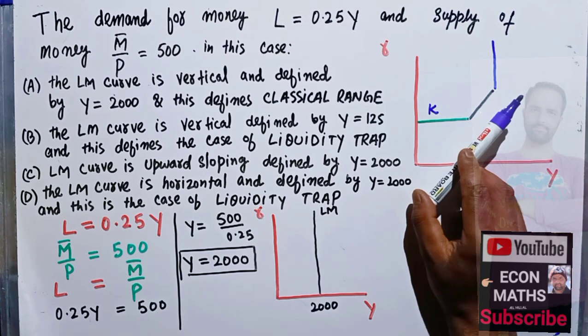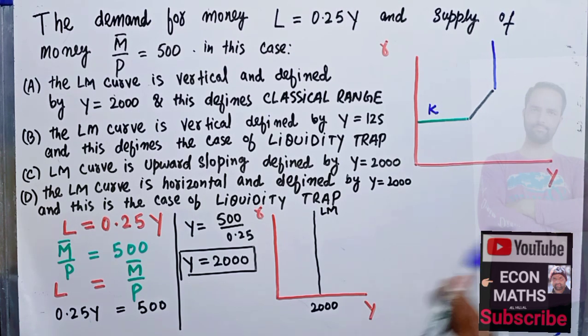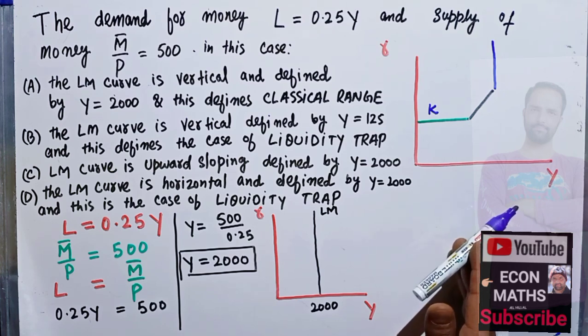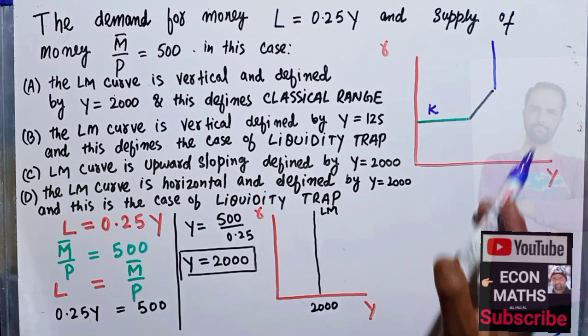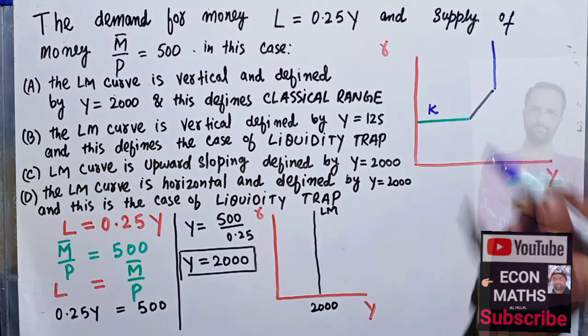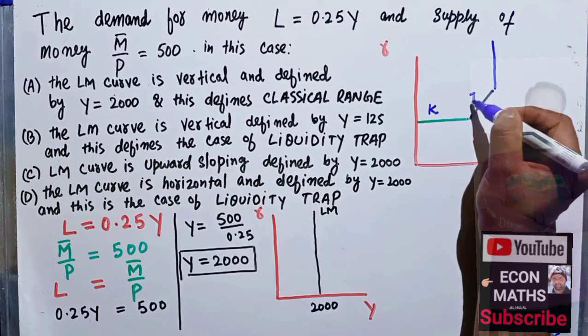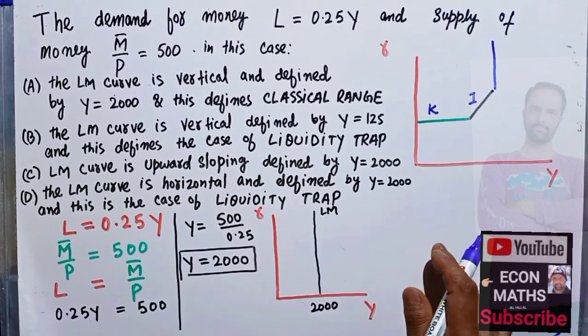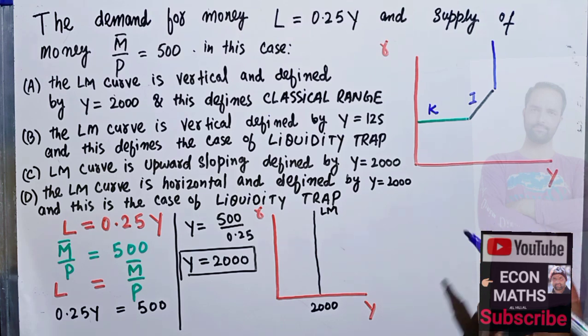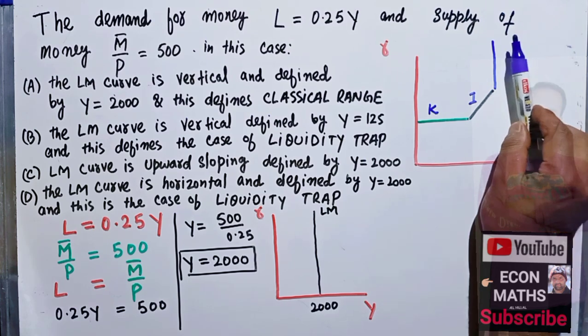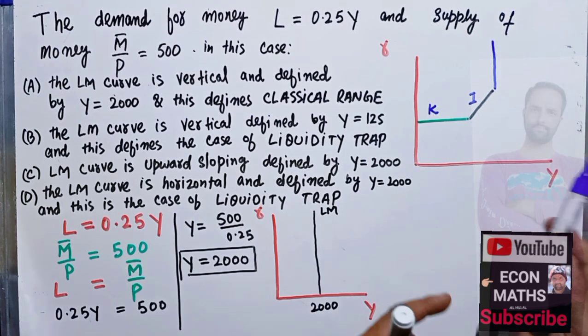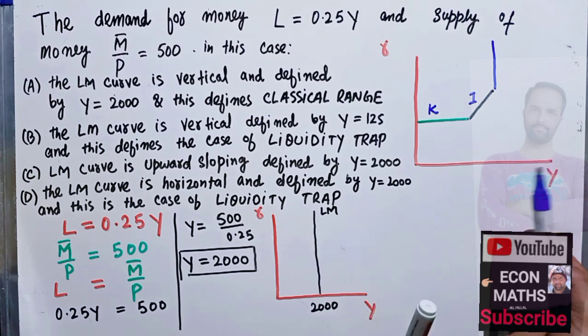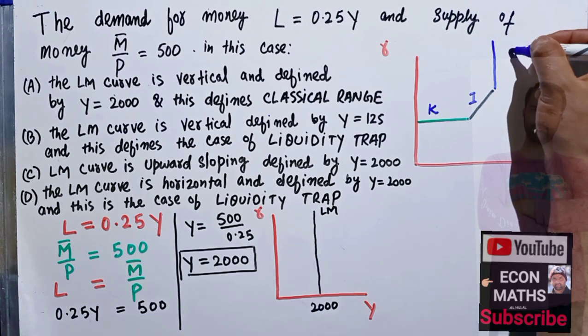In case of the intermediate range, the LM curve is upward sloping. This is also called the intermediate range. And when the LM curve is vertical, the LM curve is perfectly inelastic, meaning that demand for money is perfectly inelastic. There is no change in demand for money with the change in interest, and this denotes our classical range.